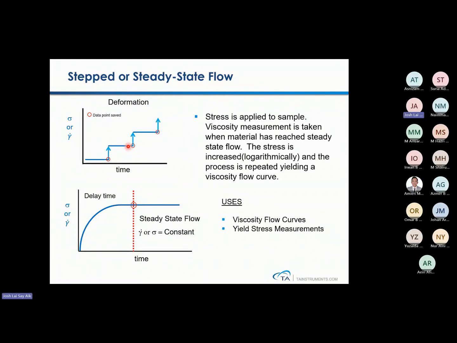And then subsequently, they're going to have a steady state flow curve. When you create a step of steady state flow, it will take way longer as compared to a continuous ramp. This steady state flow is very good for, for example, suspensions, emulsions, or very complicated structured materials.